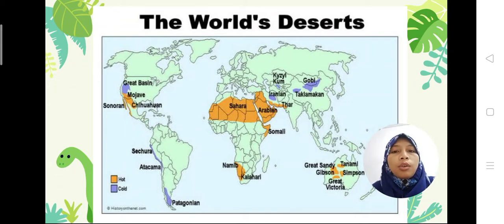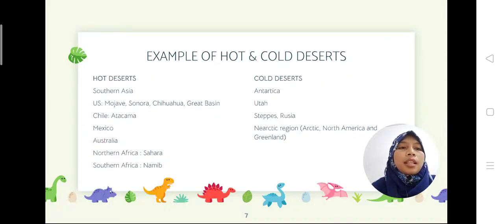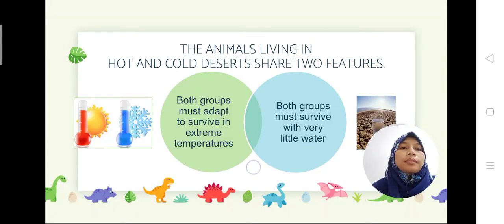Then the Gobi, Iranian. In Russia there are steppes, so steppes are also called desert. Okay, we move to the next slide. This is the name of the countries that have hot desert and cold desert.